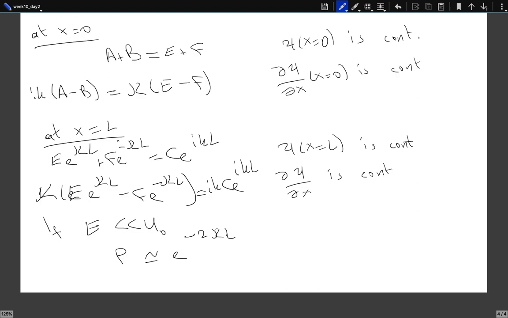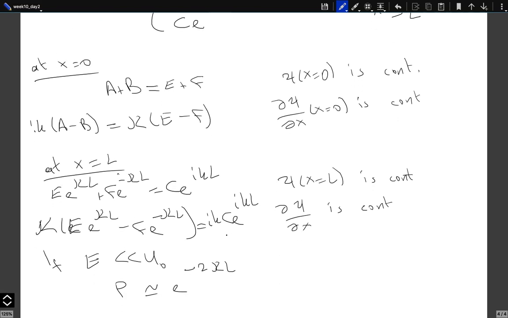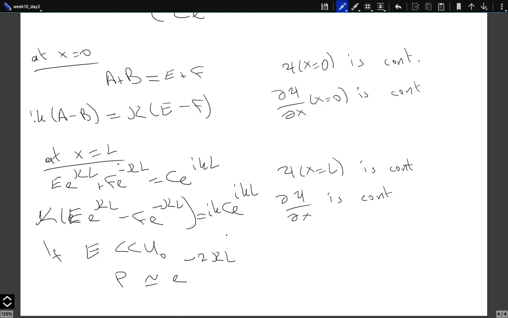Well, what I did, I solved these 4 equations for C in terms of A. And then I looked at my expression for C. Then I used this approximation. With this approximation, this is my probability.